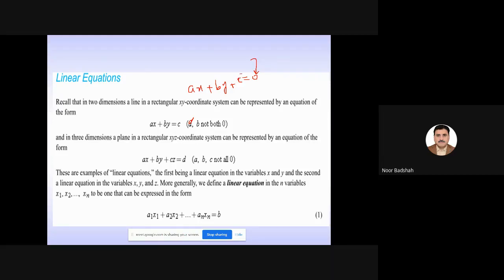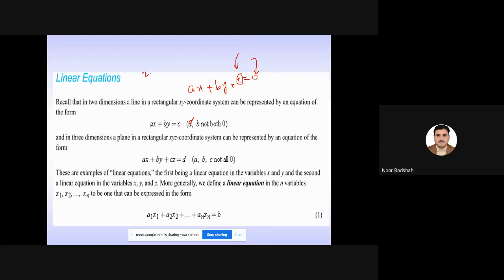If c is 0, it will be homogeneous, and if c is non-zero, it will be non-homogeneous. You cannot define it by saying the right hand side is 0 or non-zero. It depends upon the constant term. If a constant term is there, it will be non-homogeneous. If a constant term is not there, it will be homogeneous.